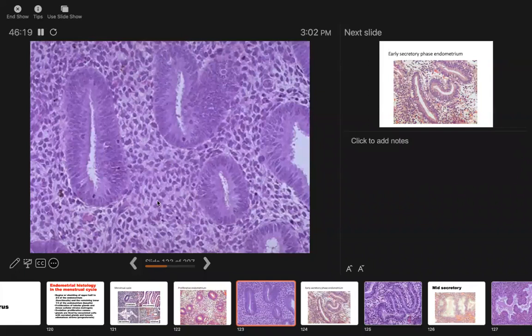The stroma is expected to be cellular. Then ovulation happens, endometrial proliferation ceases, and ovulation is initially marked by the appearance of the secretory vacuoles.